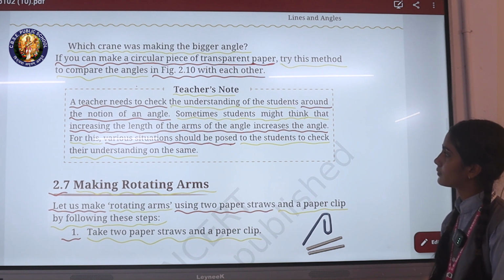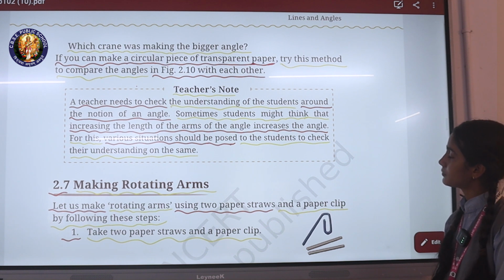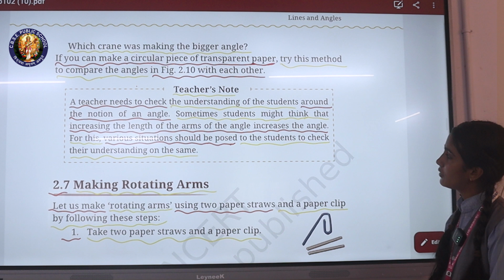Teacher's note. A teacher needs to check the understanding of the students around the notion of an angle.